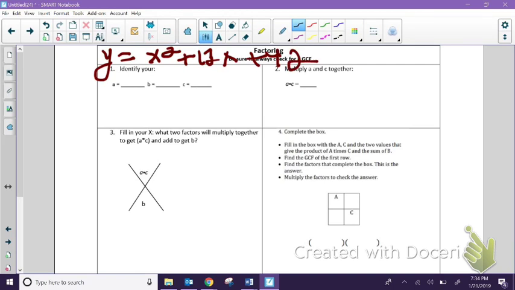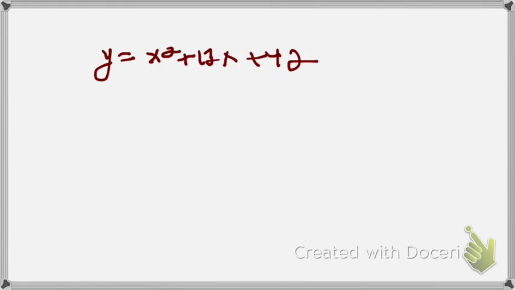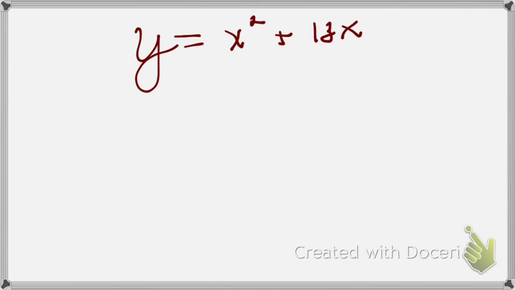We're looking at that quadratic. Let me go ahead and get a different sheet of paper so that everybody can see this. So, again, one more time, y equals x squared plus 13x plus 42. We need to factor this, get it down into its most basic factors.